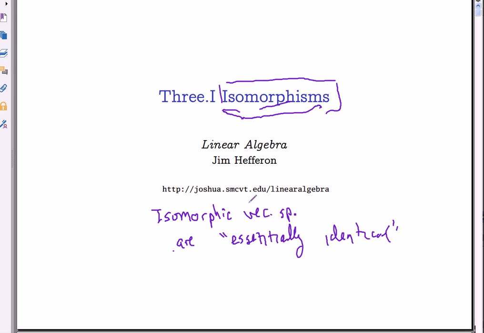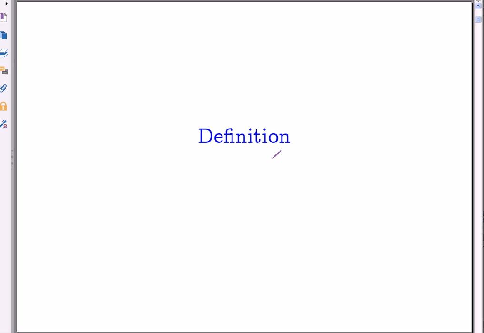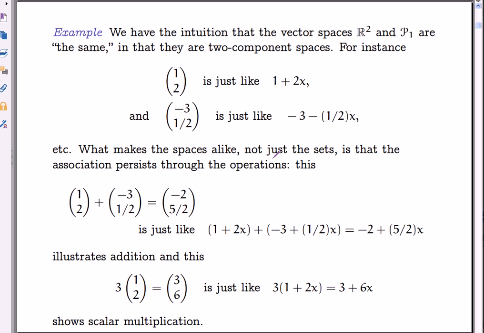So if you're talking about isomorphisms of vector spaces, you're talking about a mapping between two vector spaces that preserves the vector space structure. Now that's a little bit vague, but we'll see how that works out in the subsequent examples. So just keep that in mind. Isomorphism is a map that preserves vector space structure. The definition of isomorphism. So let's start out with some examples.